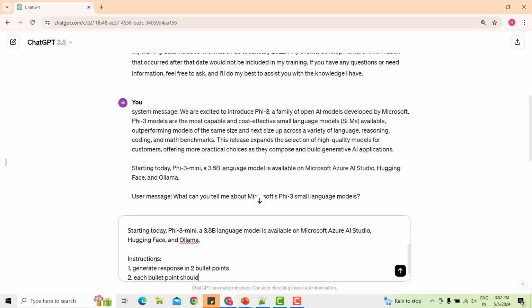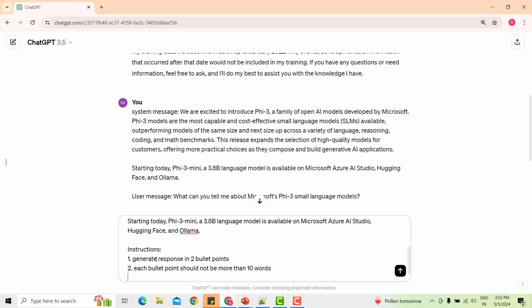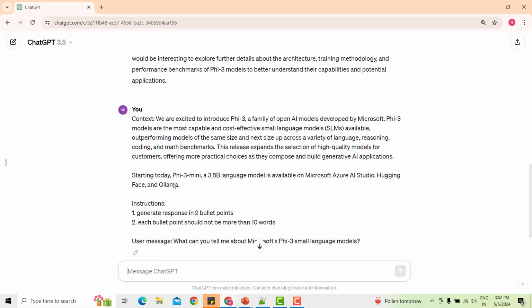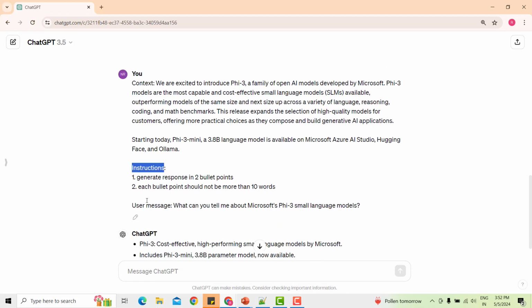Each bullet point should not be more than 10 words. Now, if you look at the structure of my prompt, the system message I further divided into context and instructions. Now, my structure of a prompt has context, instructions, and user message.